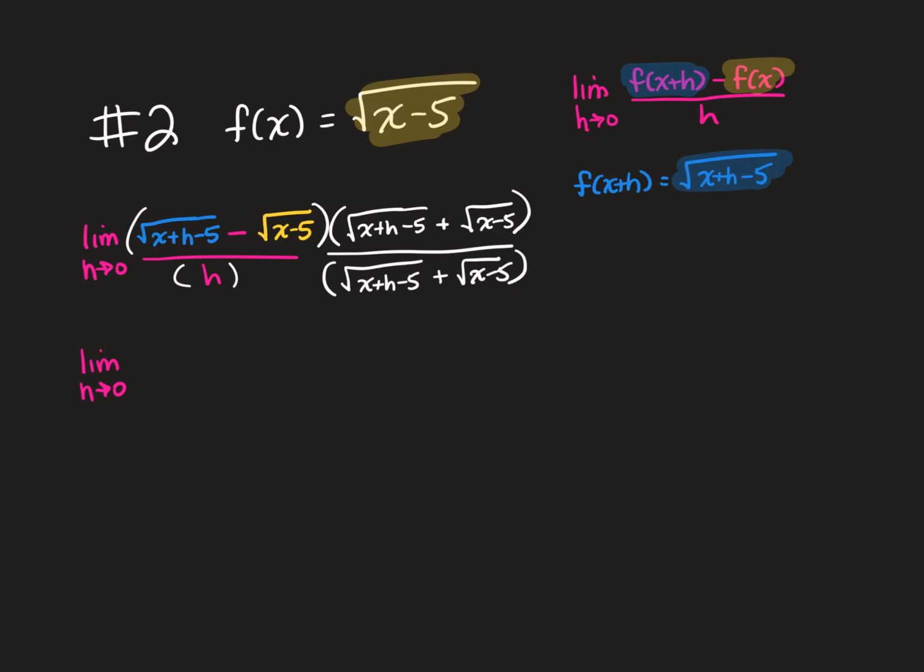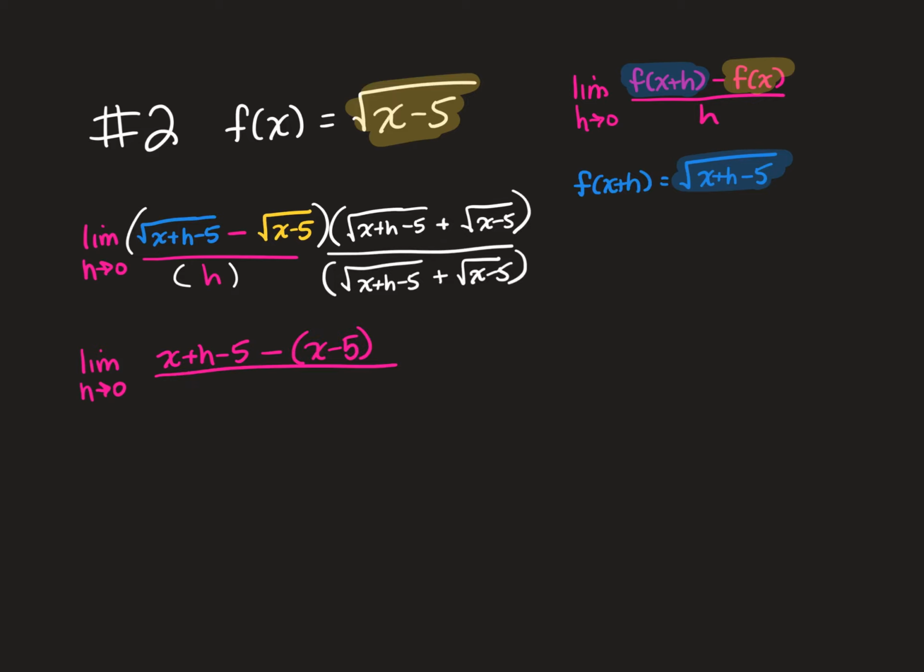A square root squared, they're just going to undo each other. So what we're left with is just x plus h minus 5. And then we're going to subtract, again multiplying something times itself, x minus 5. I always put that in parentheses so I don't forget to subtract both parts of that.